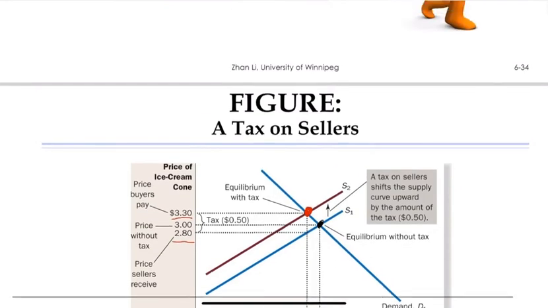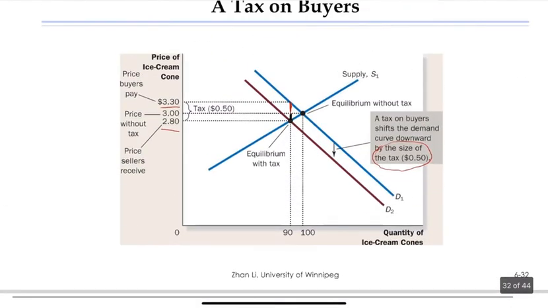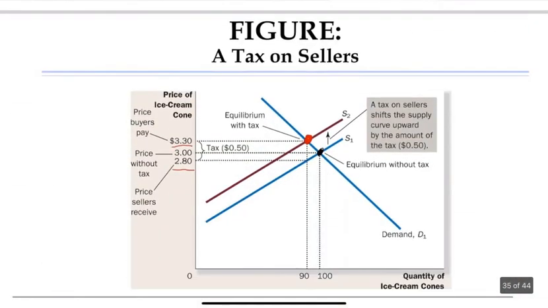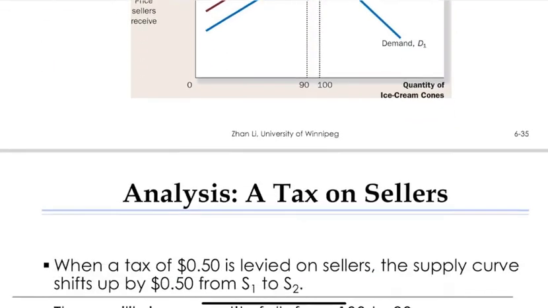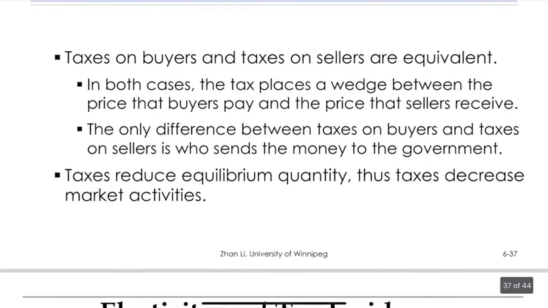In the first case, the tax dollars come out of buyers' pockets. In the second case, tax dollars come out of sellers' pockets. That's the only difference here. But in the end, the price buyers pay and the price sellers receive are the same. And more importantly, the division of tax, the tax incidence, is the same under both cases. Okay.